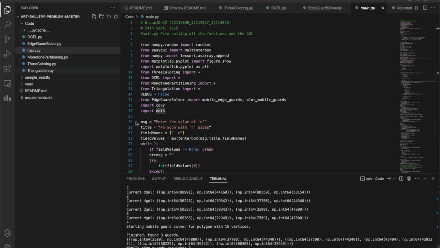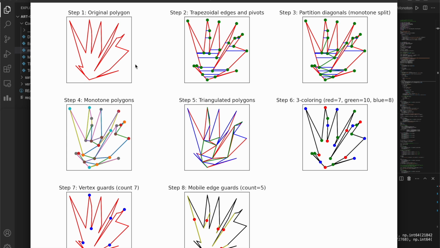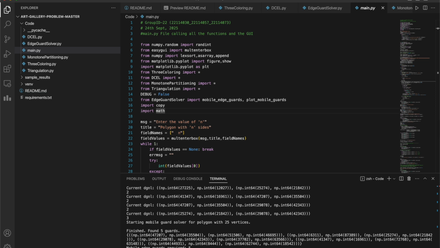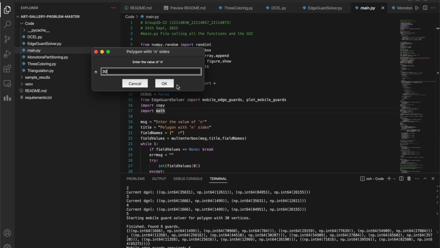Now let's quickly have a demonstration for some higher values of n. Let's suppose we take 25. In this, the polygon is a bit complex, but again we can see the output: these are the vertex guards, these are the mobile guards, and in this case also you can verify that the counts we are getting are according to the theorem specified. Now let's have even higher than 25, let's have 30.